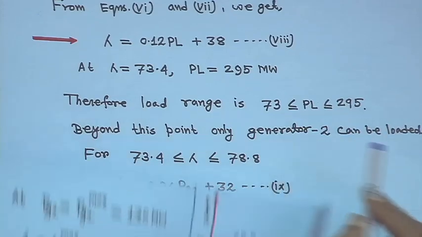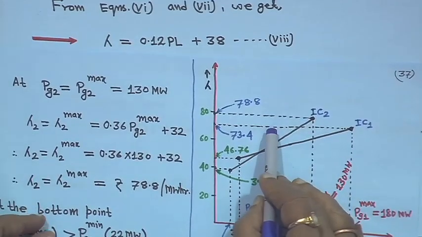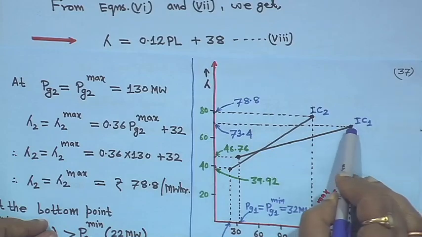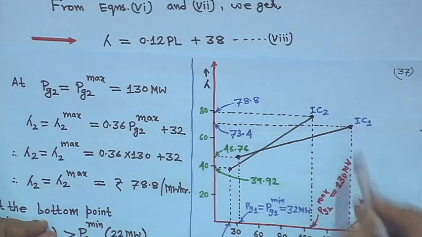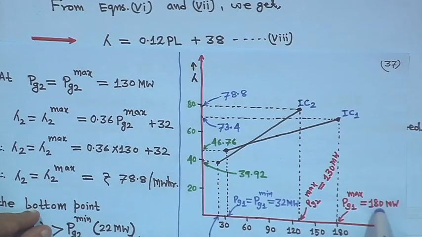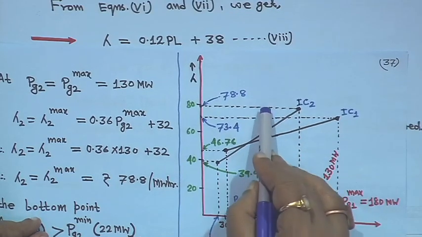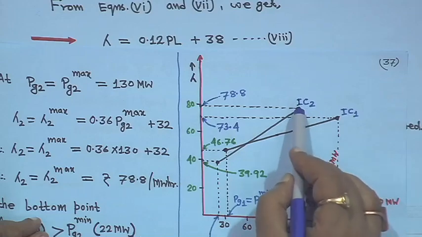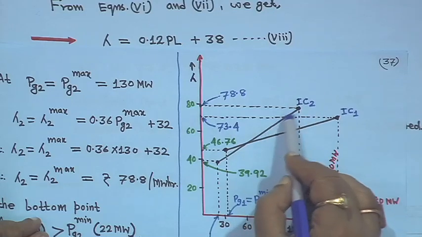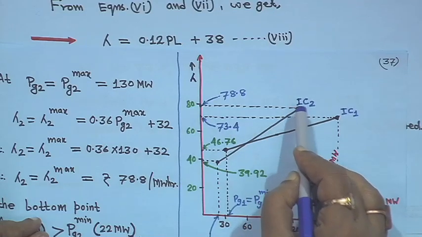Now, beyond this point, if lambda is further increased, generator 1 has touched its limit, so it will be kept fixed at 180 megawatt. The rest of the load will be taken by unit 2, generator 2.